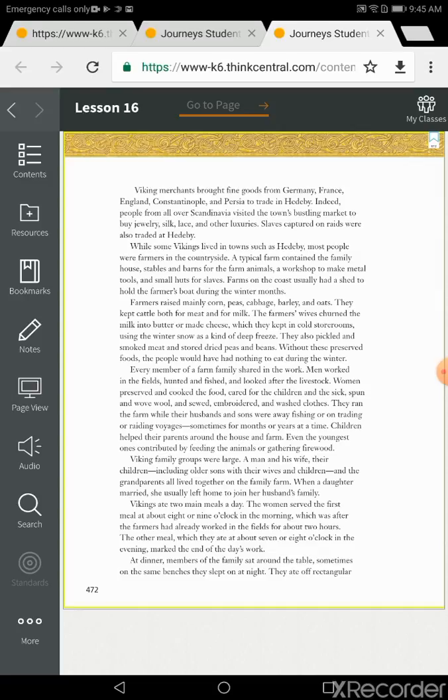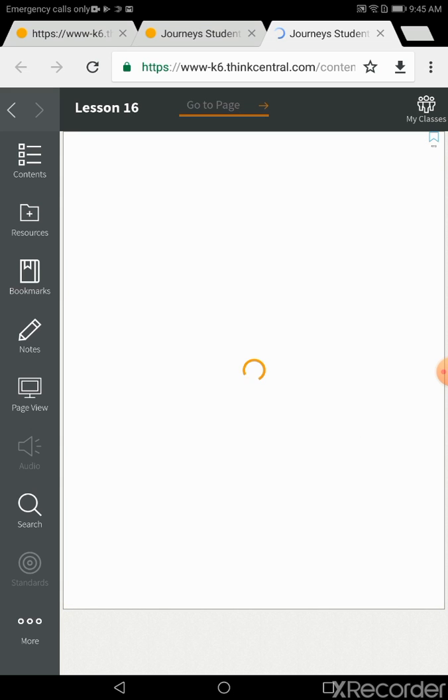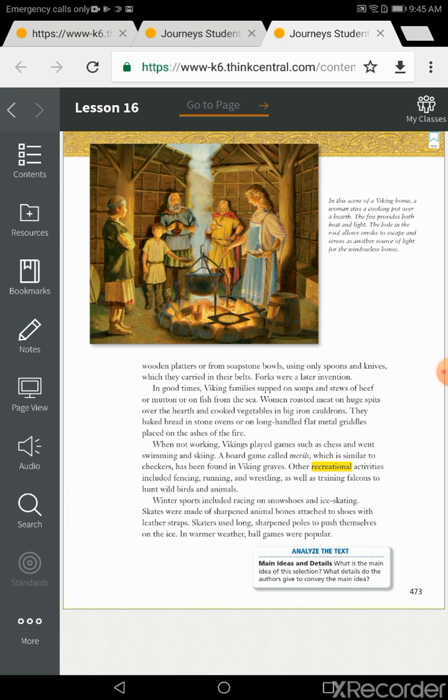So, after having done with page 472, let's move on to page 473. For that page, we are also going to dig a little bit deeper into the traditions, customs, the culture, and also the familial life of the Viking families, okay?